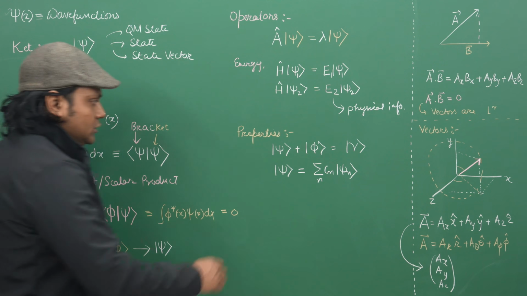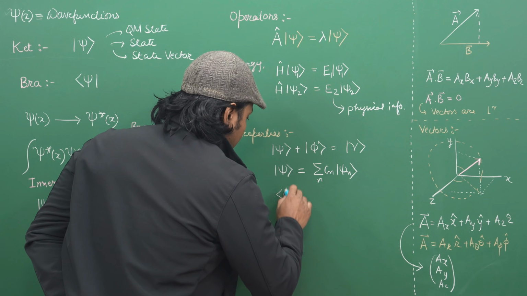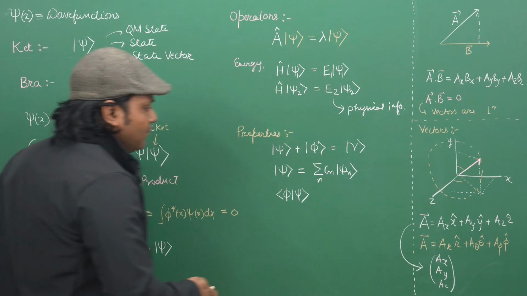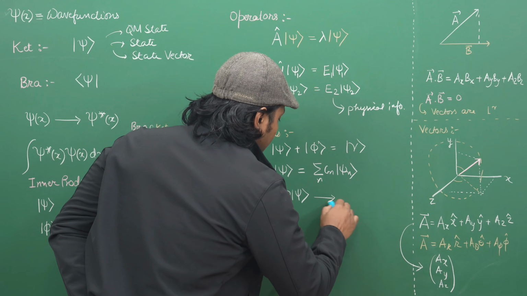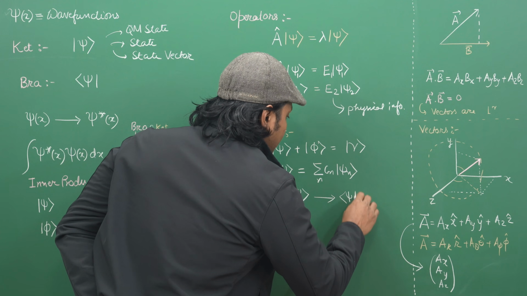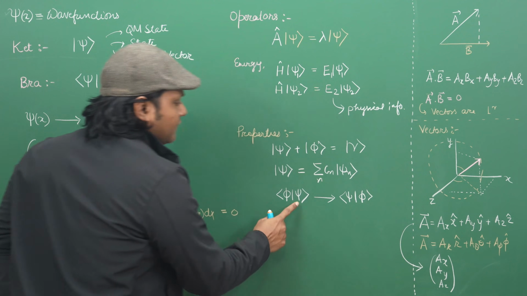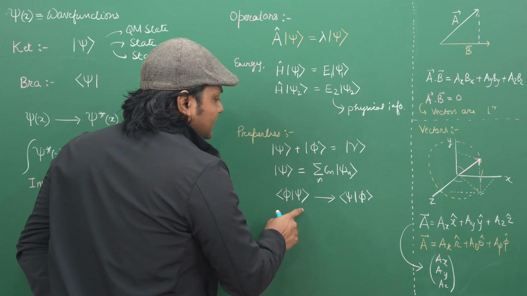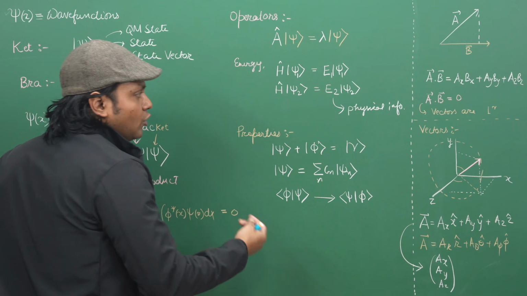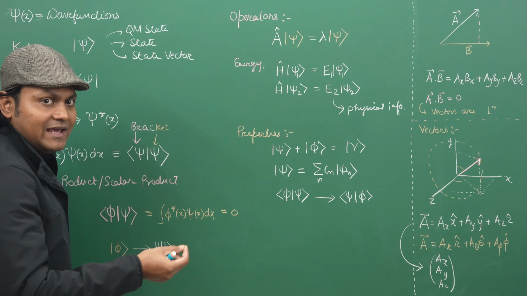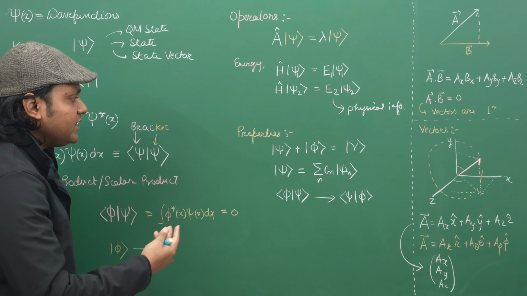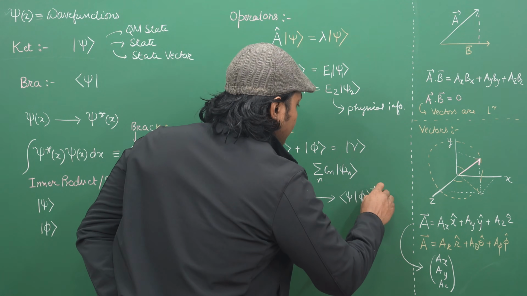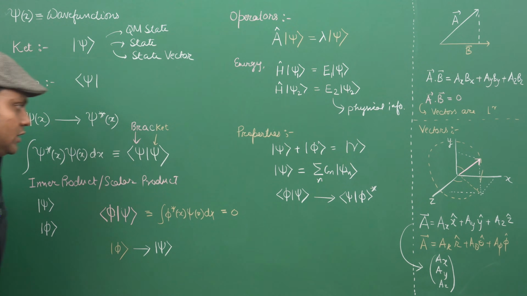The inner product of one state with another: here the ordering is very important. If I want to write down, let's suppose, psi first and phi later on, here we have psi Ket and phi bra, but here we have psi bra and phi Ket. Then they are not necessarily equal because the inner product always ends up giving you some kind of a scalar, and the scalar here in this context could be a complex number. So when we change the ordering, we have to take the complex conjugate of that.